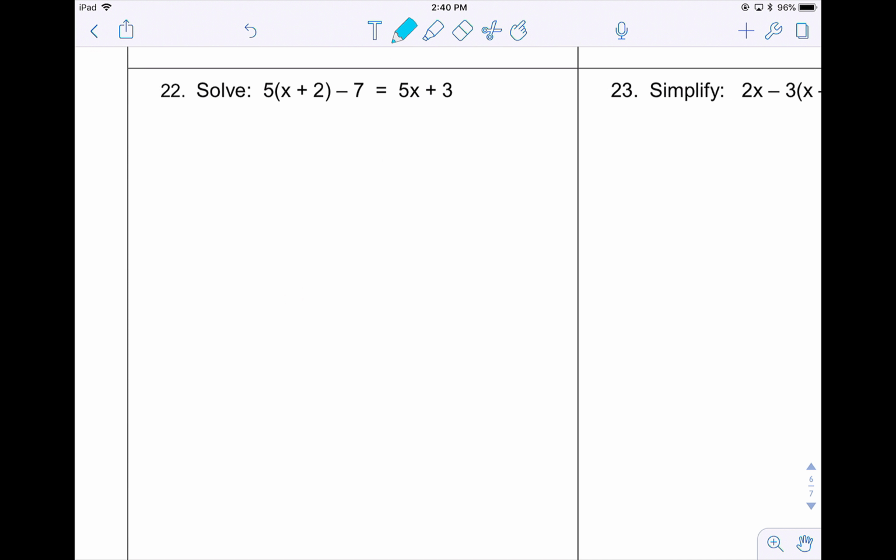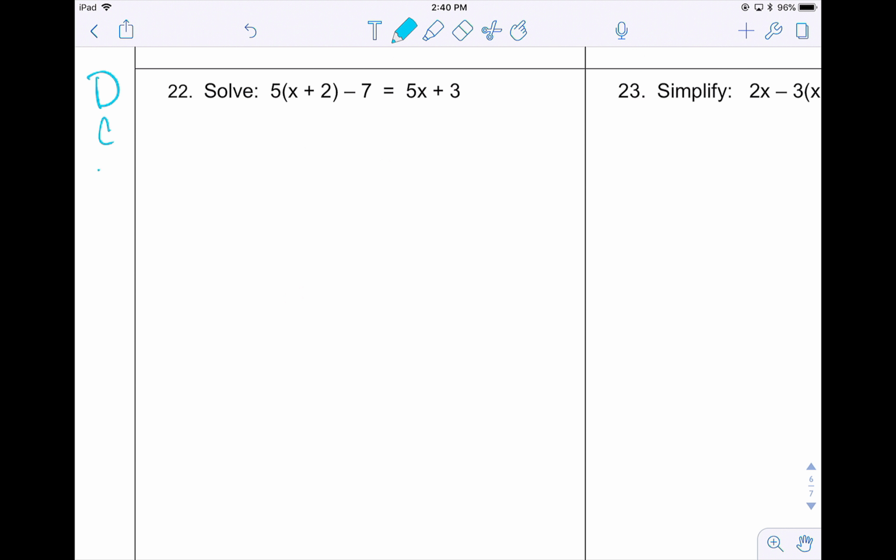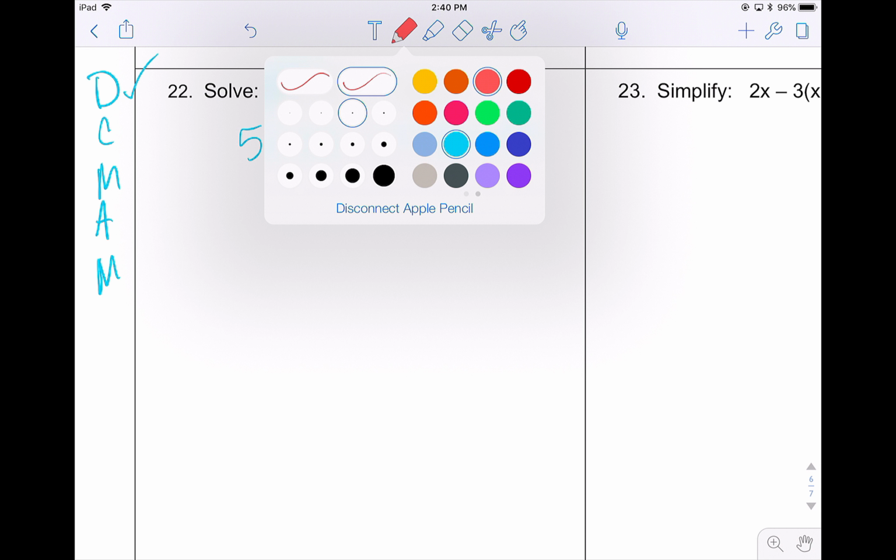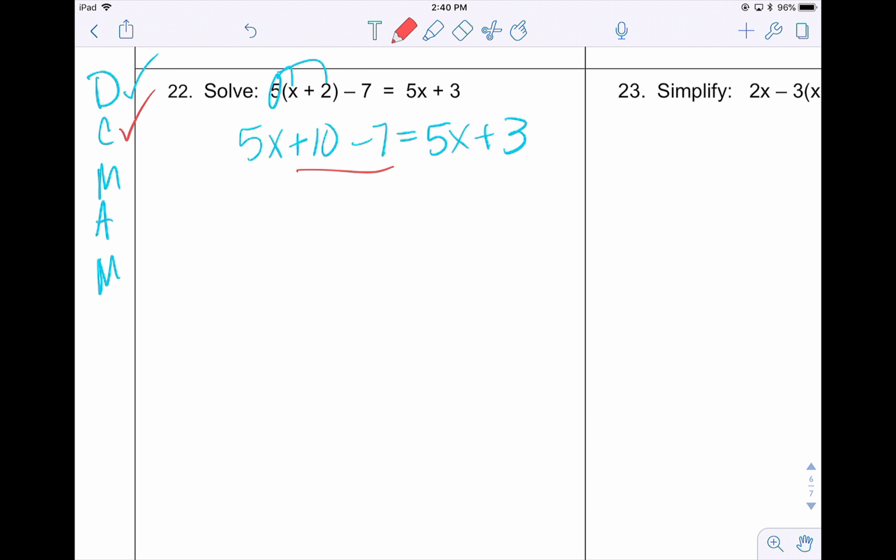Problem 22 is another solving one. We use Don't Call Me After Midnight. I do have parentheses to distribute. So 5 times x, 5 times 2. Leave everything else the same. I do have like terms right here to combine. 10 minus 7 is 3. I do have variables on both sides, so I need to move.